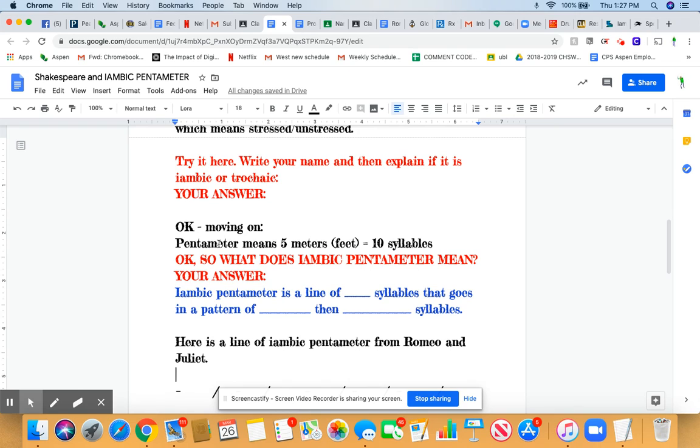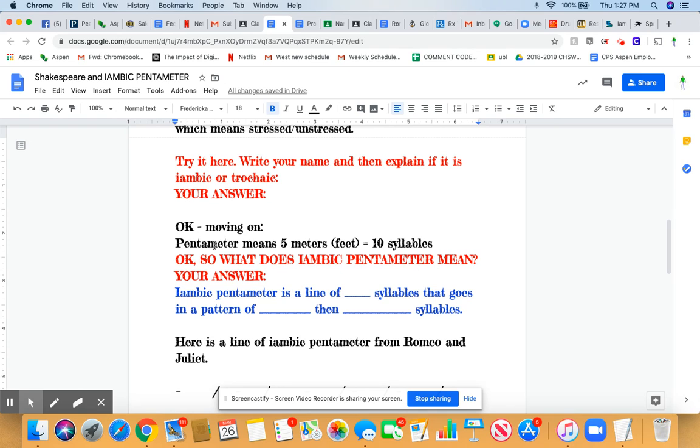So we're going to talk about pentameter. Most of us know that the word penta means five, right? And it's penta and meter. So that means five meters. A meter is also called a foot. Remember the ball and the heel of your foot.